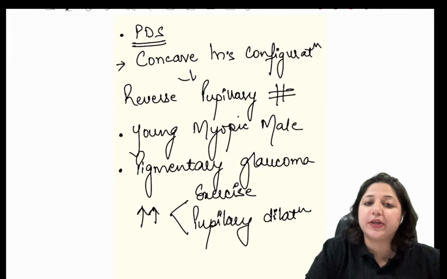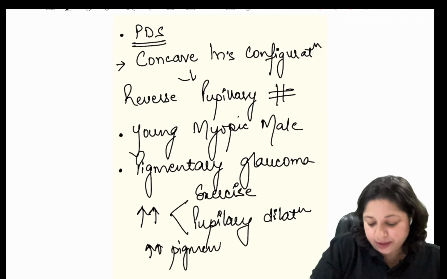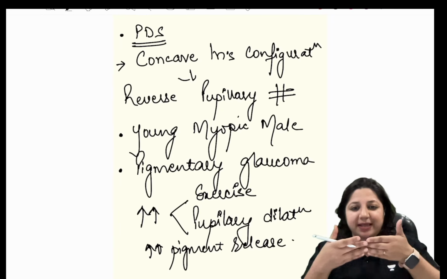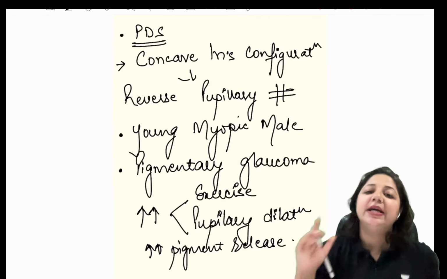And why does it increase on these two? Because there is increased pigment release. Since there is pigment release, since there is constant rubbing, hence you have mid-peripheral transillumination defects.